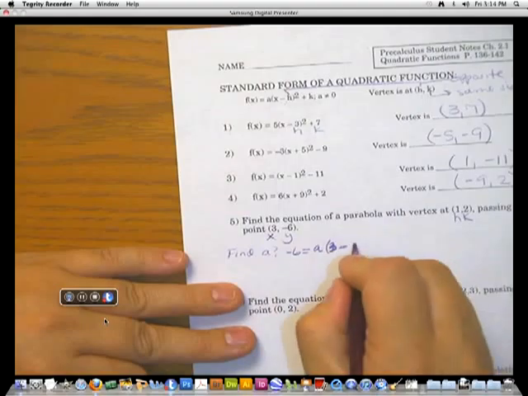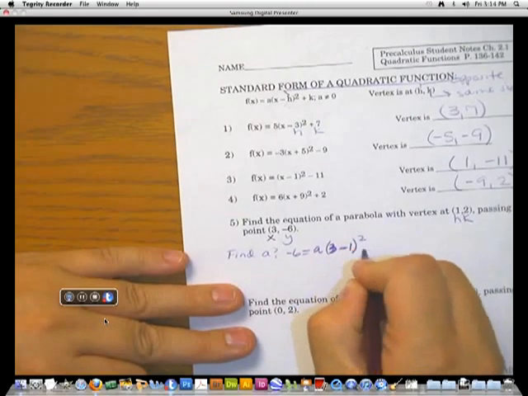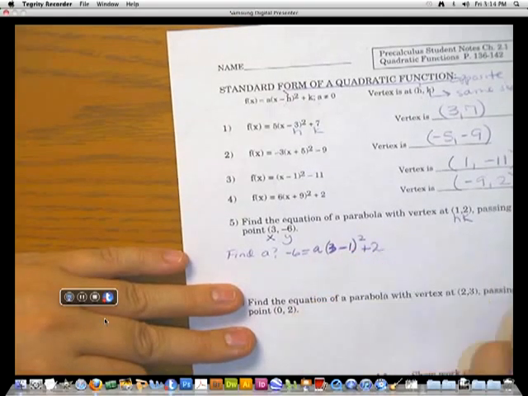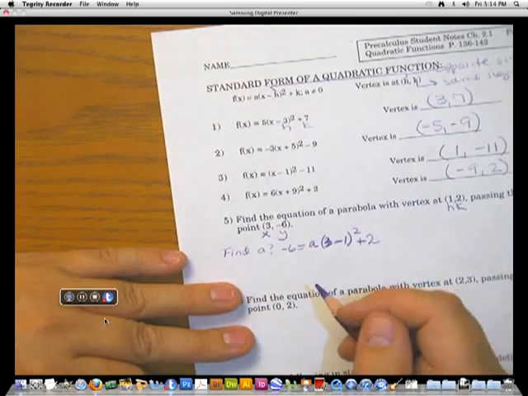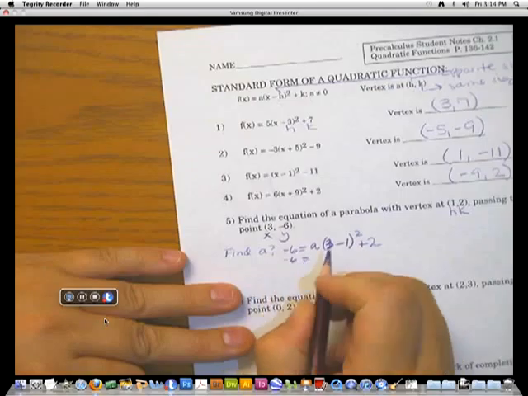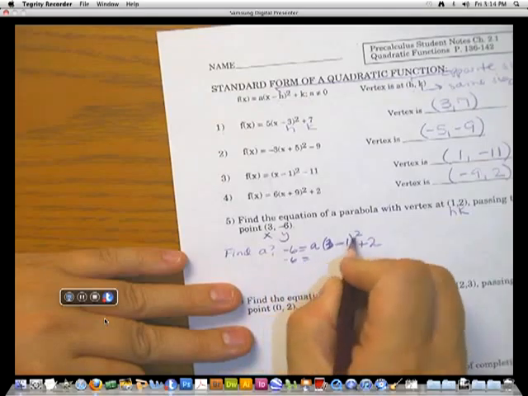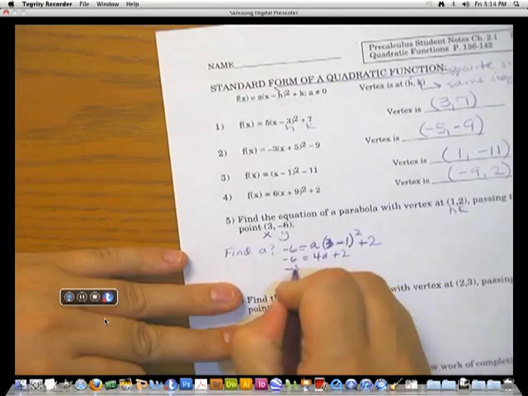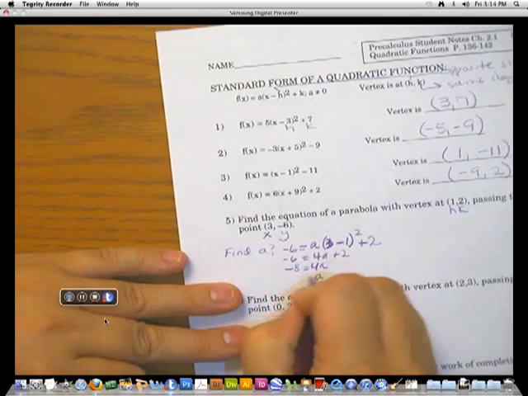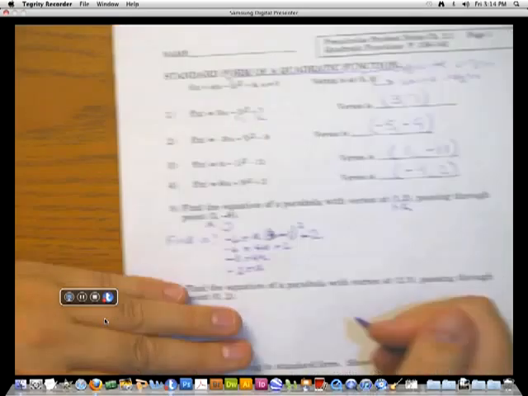Now we do our arithmetic and simplify this so that we get -6 is 3 minus 1 for 2 squared is 4. Move over the 2. So our a is -2.